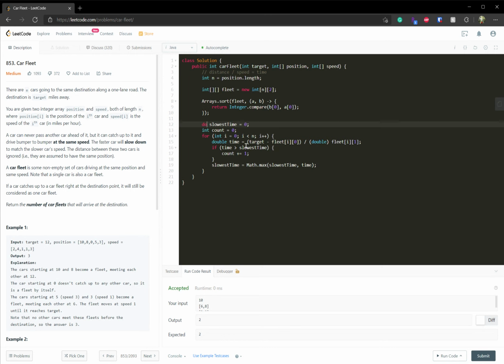Slowest time needs to be a double because we're assigning a double to it. And then after iteration, we just return the count.